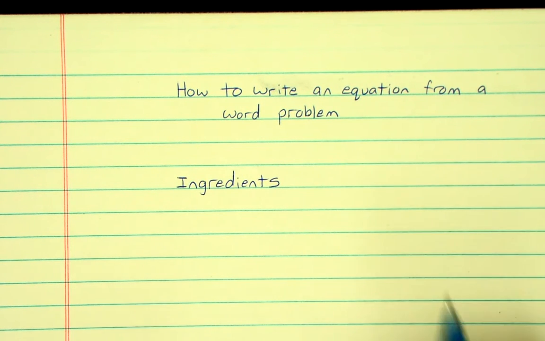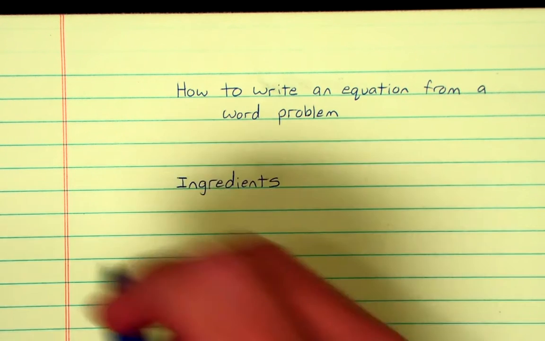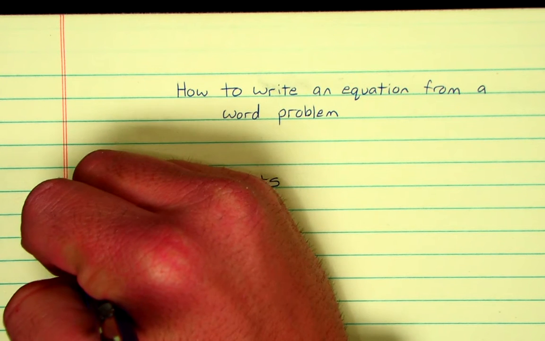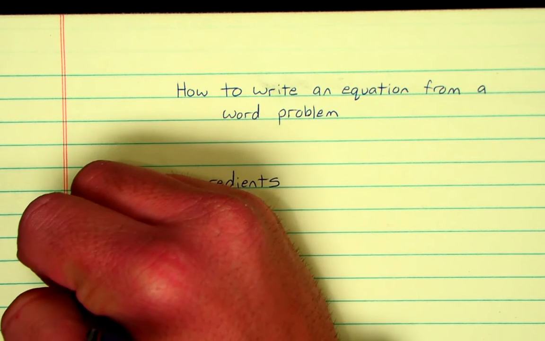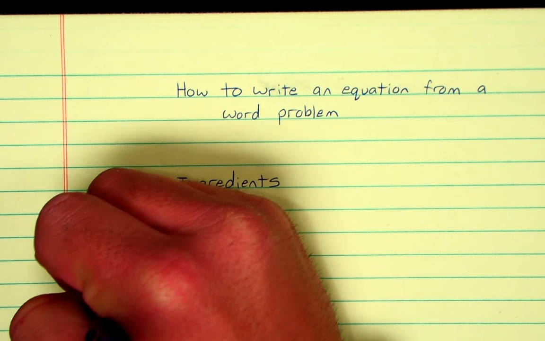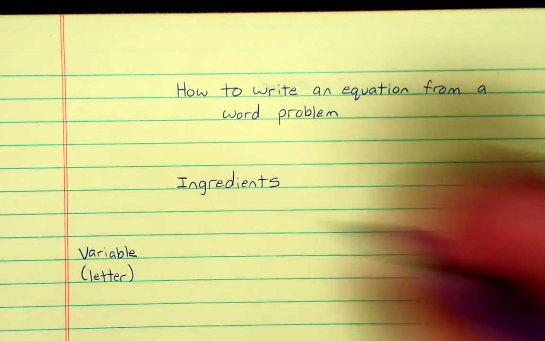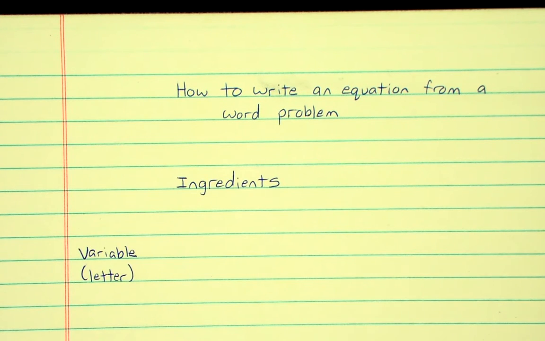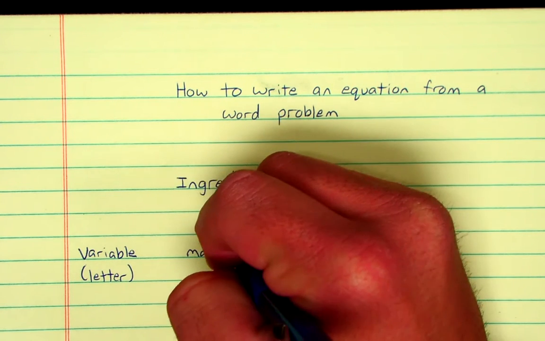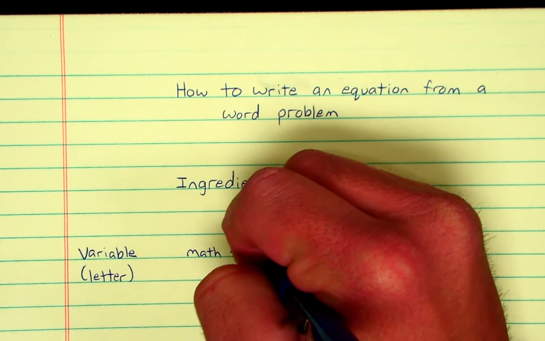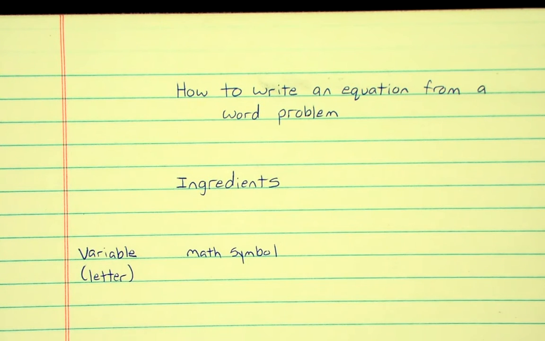Alright, so when you are writing an equation from a word problem, you need these ingredients in this order. You need a variable. Remember, a variable is a letter that will represent a number. The next thing you're going to need is a math symbol. There are four main math symbols.